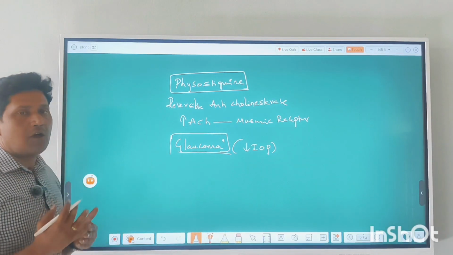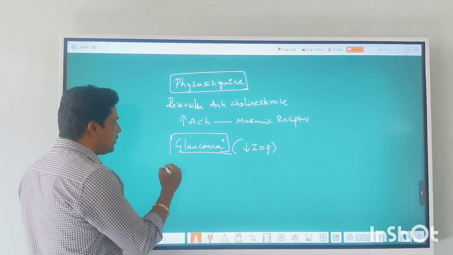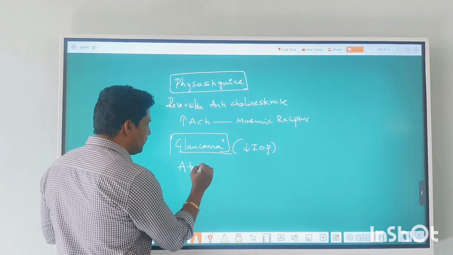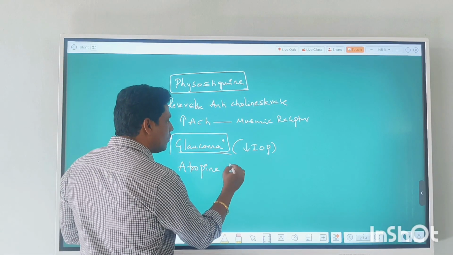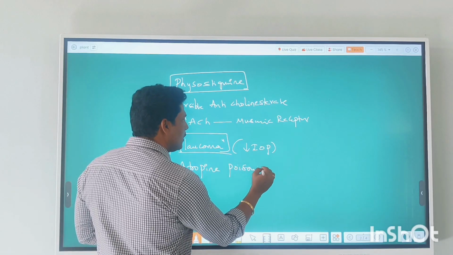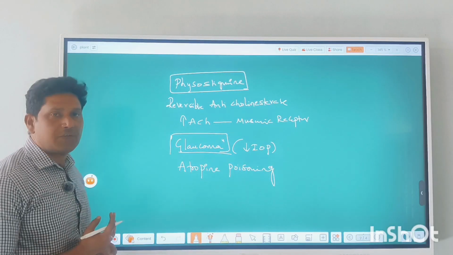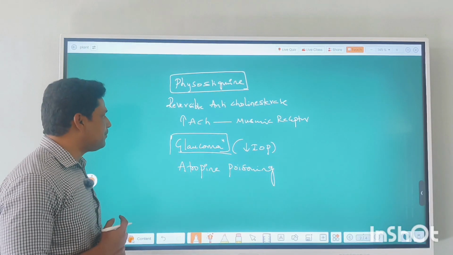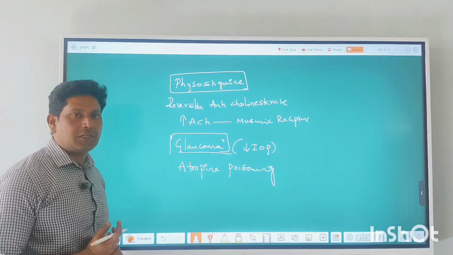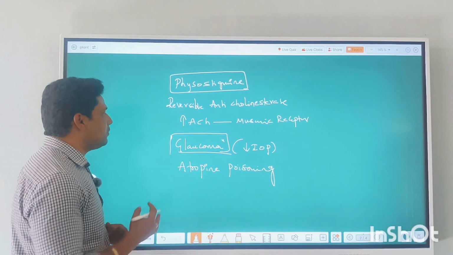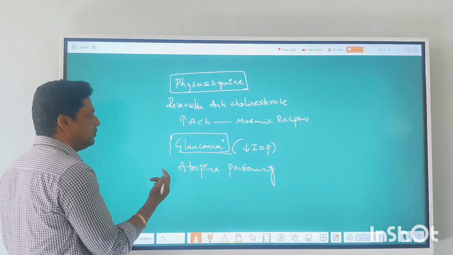Physostigmine is also used in the treatment of atropine poisoning. Overdose of atropine produces toxic effects like tachycardia, blurred vision, constipation. These problems are minimized by physostigmine.